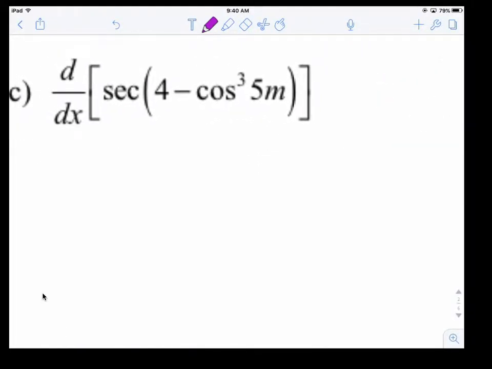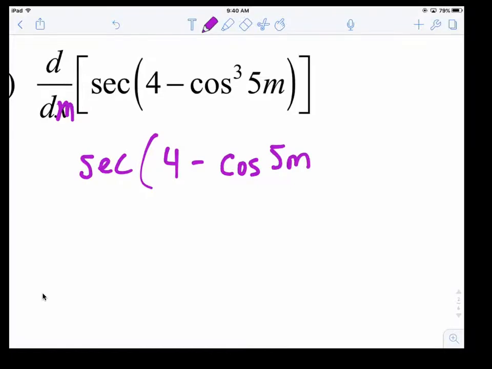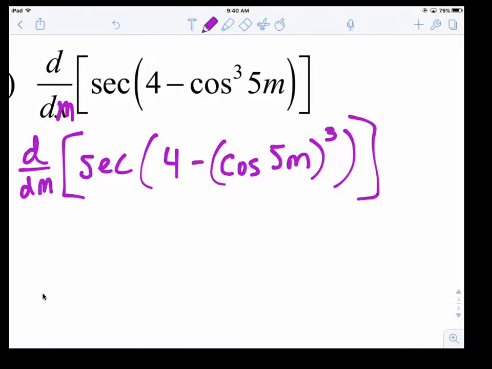All right, letter C. We have secant of (4 minus cosine cubed 5m). So this should be an m. Okay, so I have secant of (4 minus cosine of 5m, cubed), d over dm.